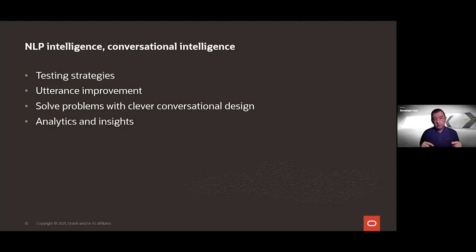Once the bot was going live in phased releases, what we wanted to do was go back and look at how the bot was performing, look at whether there were phrases that weren't being understood, and whether we needed to train the language model. And we would do what we call the 80-20 split.